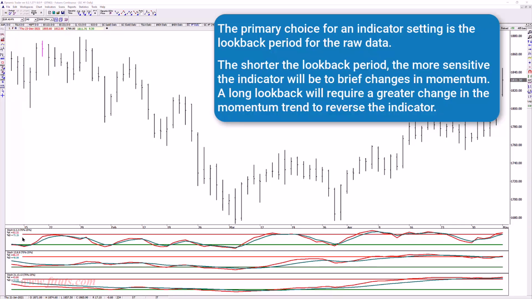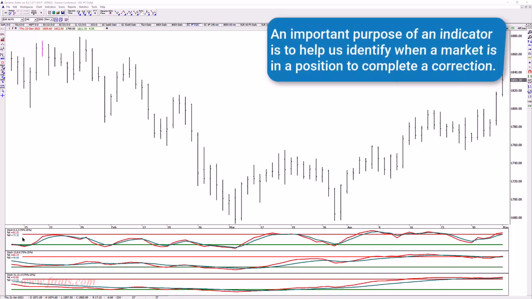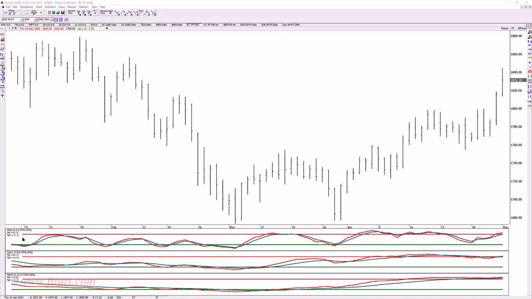A couple of things also to emphasize before I get started: one of the primary purposes of the indicator is to help us identify the end of a correction. Why do we want to get real good at identifying the ends of a correction? Well, when a correction is complete, the trend prior to the correction should continue to a new extreme.